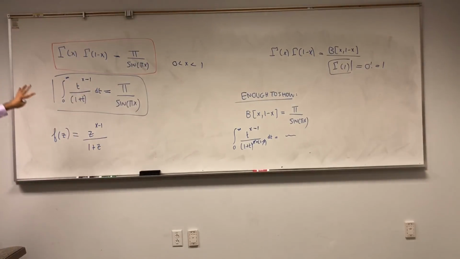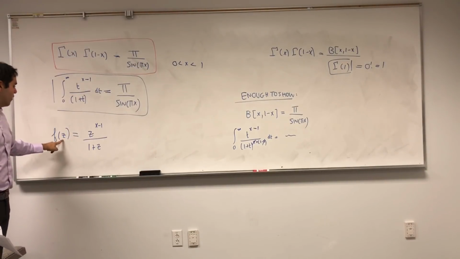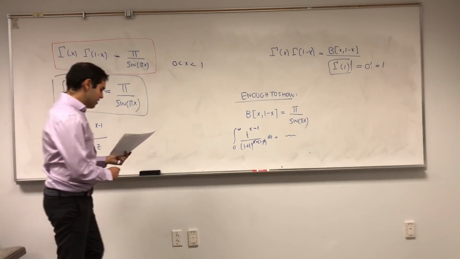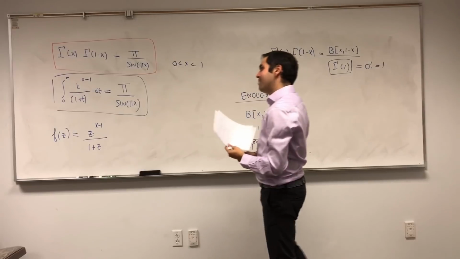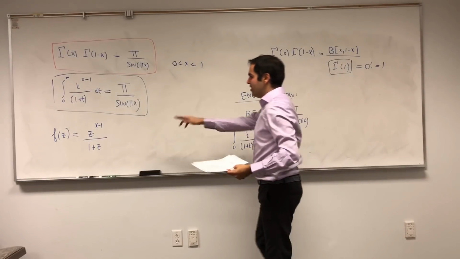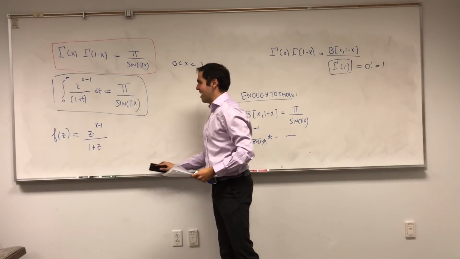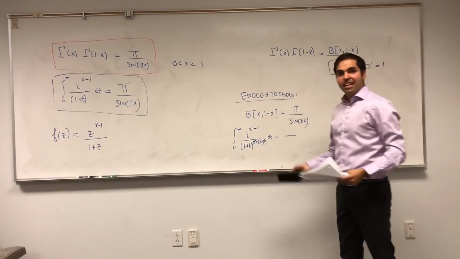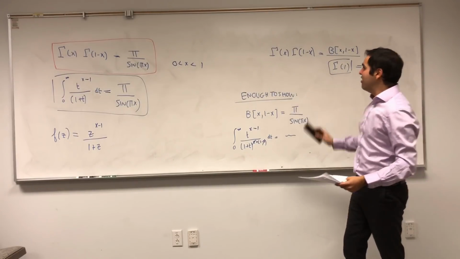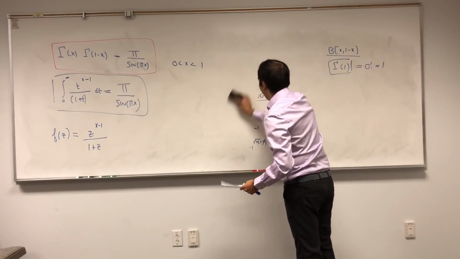Remember, x is fixed and we're integrating with respect to t, so we replace t by z, and we want to consider this complex function f and integrate it on a very complicated path.